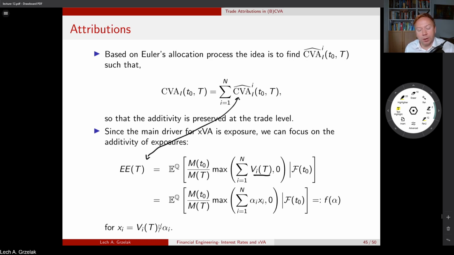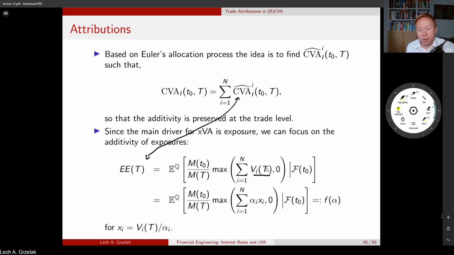We need to only calculate the sensitivity with respect to alpha_i. From the computational perspective, if we have computed the exposures for all the trades in the portfolio, that's very cheap because we just have to evaluate some vector with samples, portfolio values for all the risk factors, but we don't need to recalculate the portfolio values for all the risk factors.